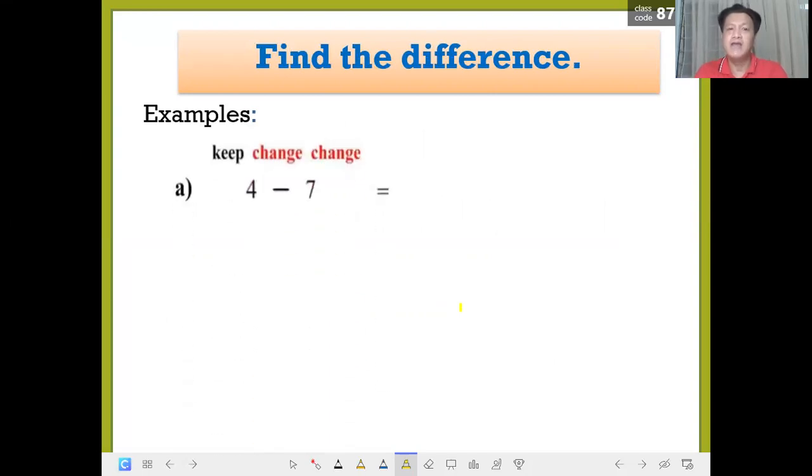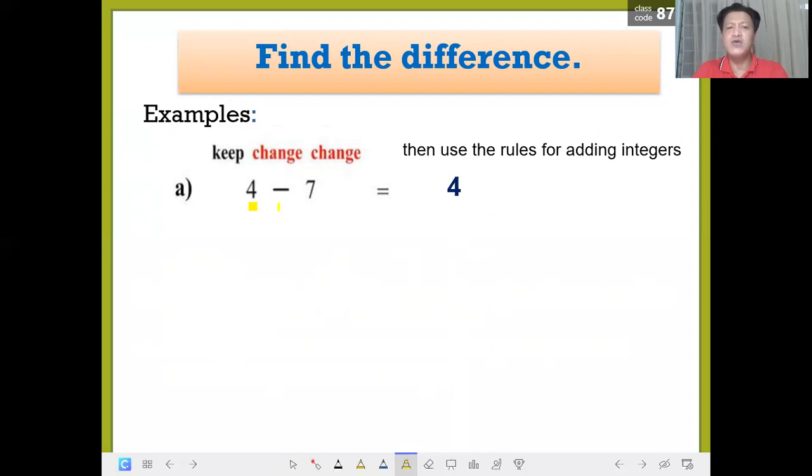Letter A, take note of the keep, change, change. What is 4 minus 7? Di ba ang sabi doon, keep. Ano yung keep natin? Yung ating magiging minuend. Take note of that now. Then use the rules for adding integers. So i-keep muna natin yung ating minuend. Ito yung minuend natin. And then, after that, change.